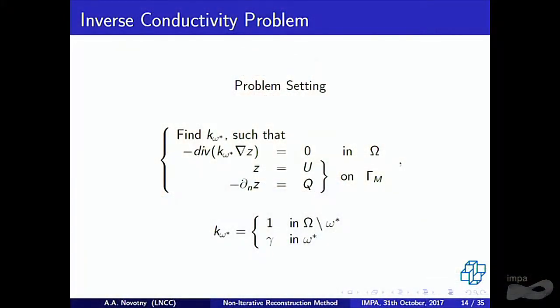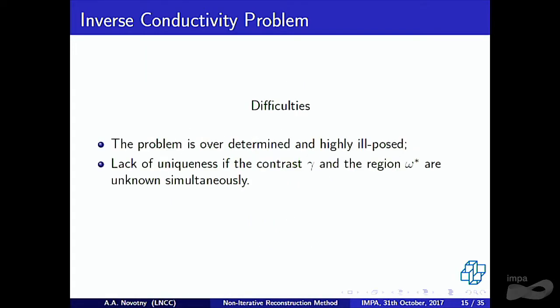So this problem is clearly difficult because it's an overdetermined PDE and ill-posed. And there is also a lack of uniqueness if the contrast gamma and the geometrical support of the inclusions or the anomalies are unknown simultaneously. This can be verified through a simple counterexample.